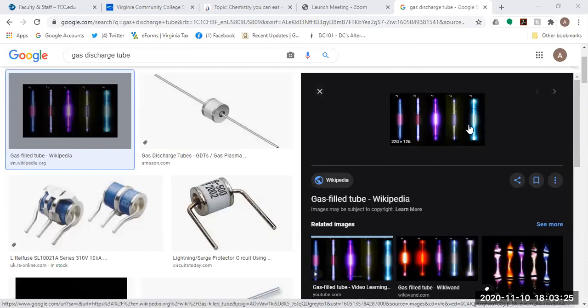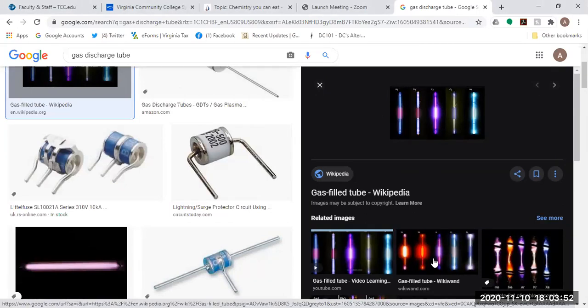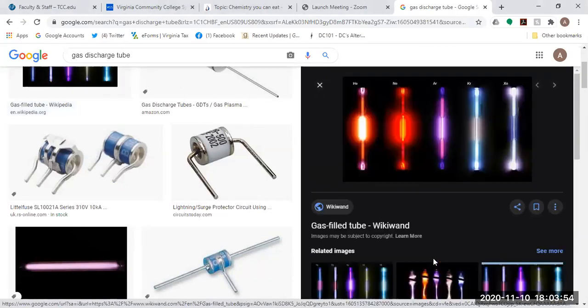Okay, so if we look at these tubes that are glowing, look at the colors. Different tubes in that illustration are filled with different gases. Let me focus on that one.